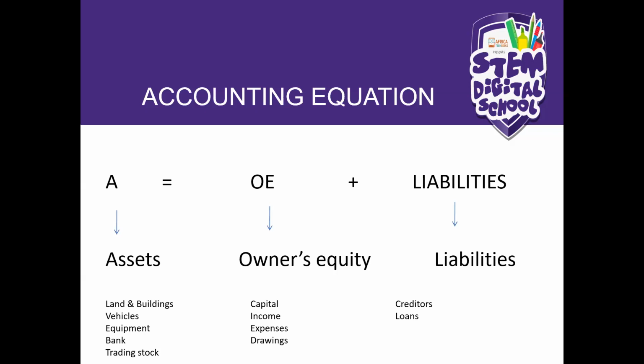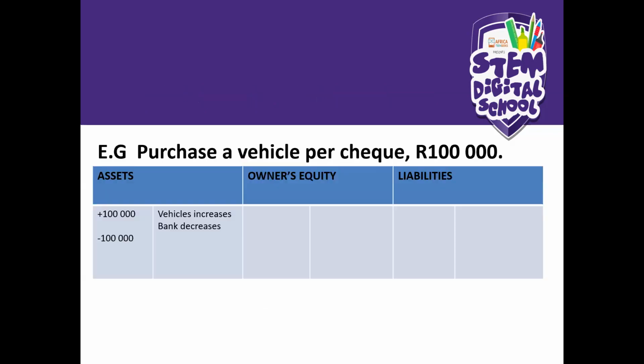Right, then we have looked at a few examples. The first one was about either a vehicle or equipment or land and buildings that you've purchased. If you purchase something, then it's getting more. So that vehicle, for instance, was getting more. Vehicles is an asset. With assets, you're going to plus the amount, and you're going to say it's because vehicles is increasing or equipment is increasing.